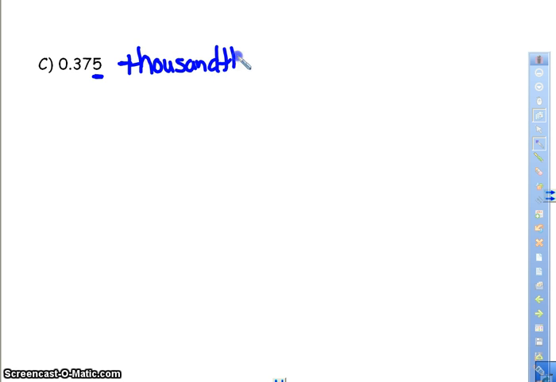Now I have 0.375. That 5 is in the thousandths spot. So it's 375 thousandths. 1,000 becomes the denominator, and the numerator is whatever is above. And now once again, I'm going to simplify. I'm going to start by simplifying by 25, thinking of $3.75 and $10.